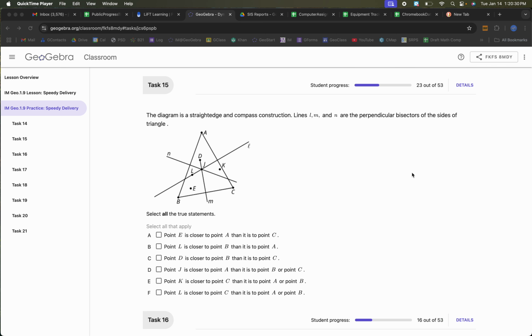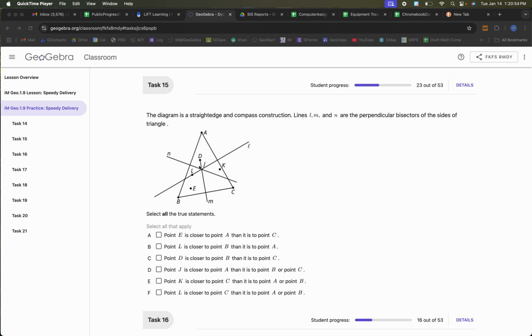Task 15. The diagram is a straight edge and compass construction. Lines L, M, and N are the perpendicular bisectors of the sides of the triangle. So that means that this line L right here splits A and C perfectly in half. It's a perpendicular bisector, right?